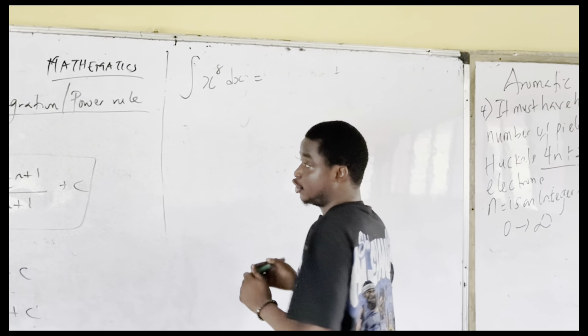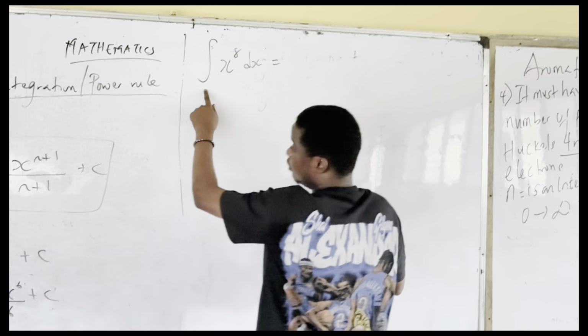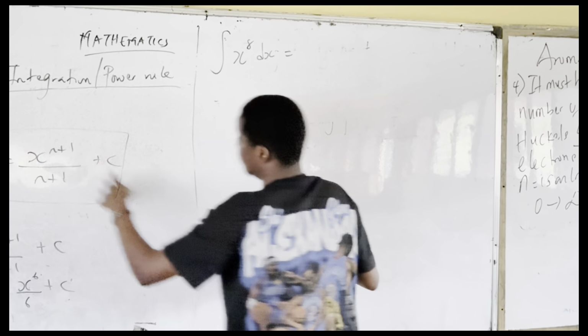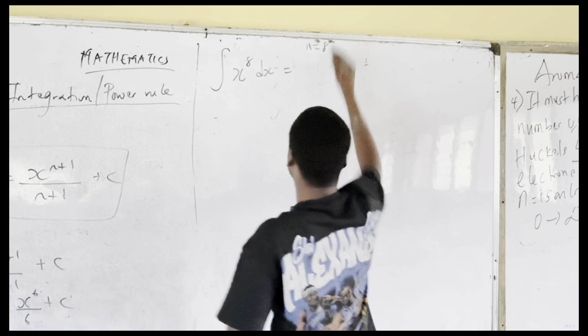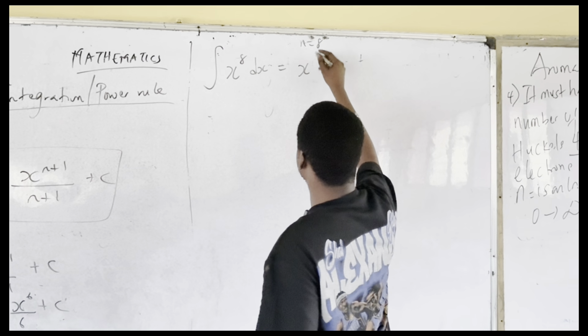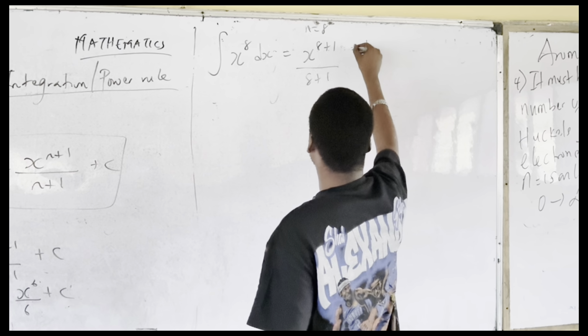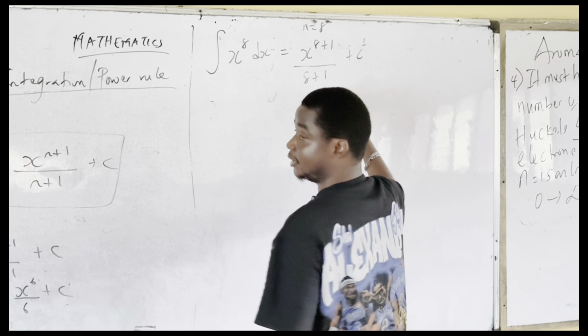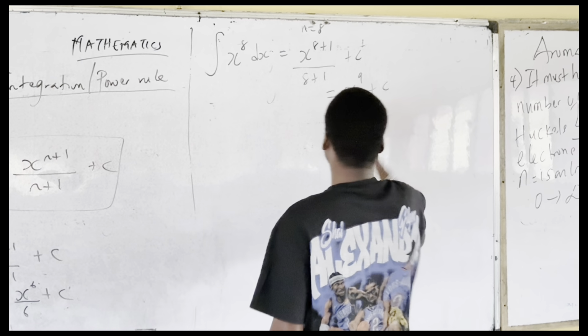If we compare this to our standard, we have integration, we have dx, and x and x, so n is equal to 8. Following the rule, it's going to be x to the 8 plus 1 over 8 plus 1, plus c. What is 8 plus 1? That should be 9. So x raised to the power 9 over 9, plus c.